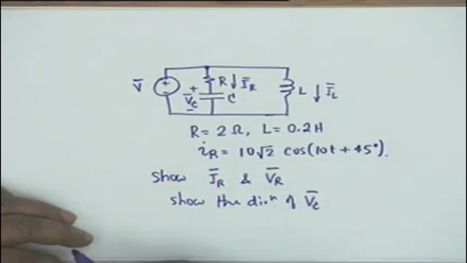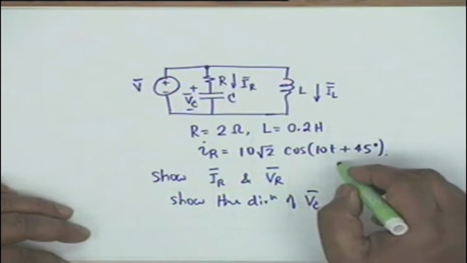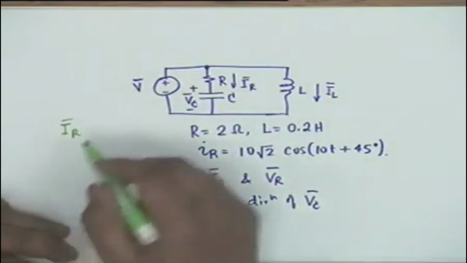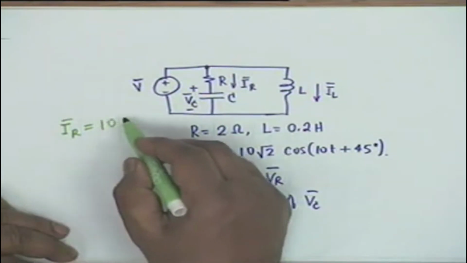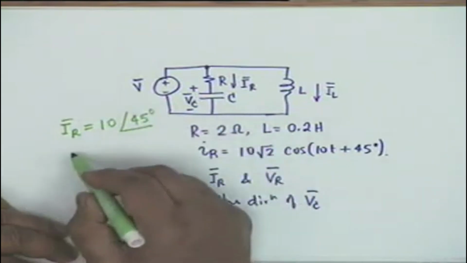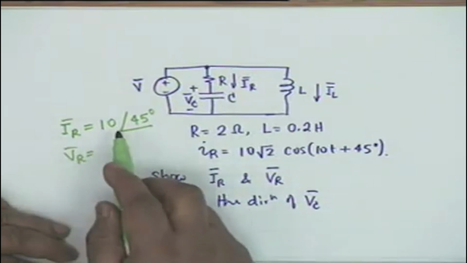Now that is obviously very simple. IR, as you can see, the current phasor would be simply equal to 10 angle 45, and the voltage phasor VR shall be equal to 10 times 2, that is 20 angle 45.